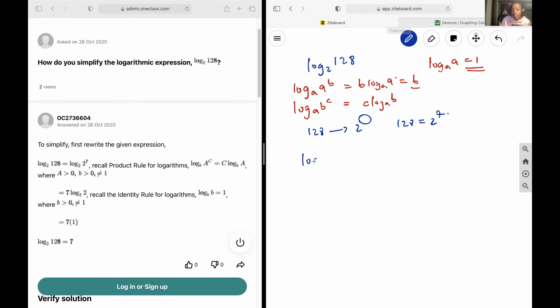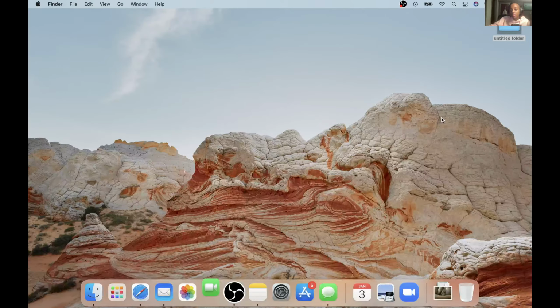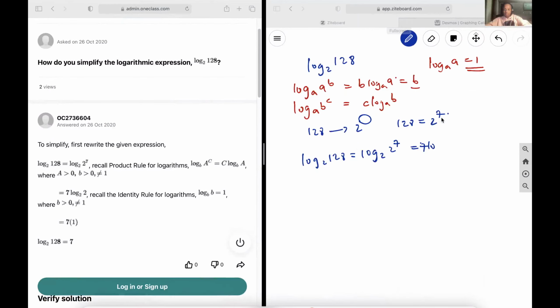But that means that log to the base 2 of 128 is equal to log to the base 2 of 2 to the power of 7. That is going to give us 7 log to the base of 2 of 2, and this is going to give us 1. So that is going to be 7. And that's our final answer.